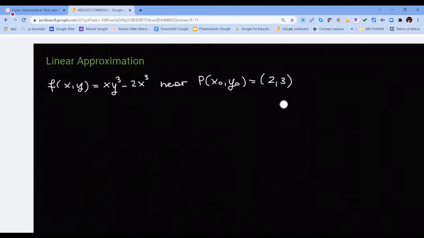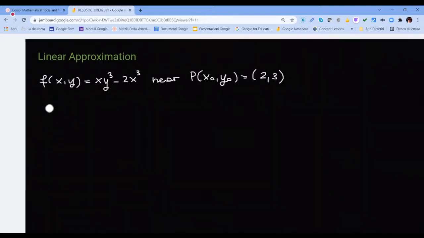So we have to compute a very easy polynomial that has only the first power of our variables, not this power. The function could be everything, exponents, every kind of function. What is the formula for this linear approximation?